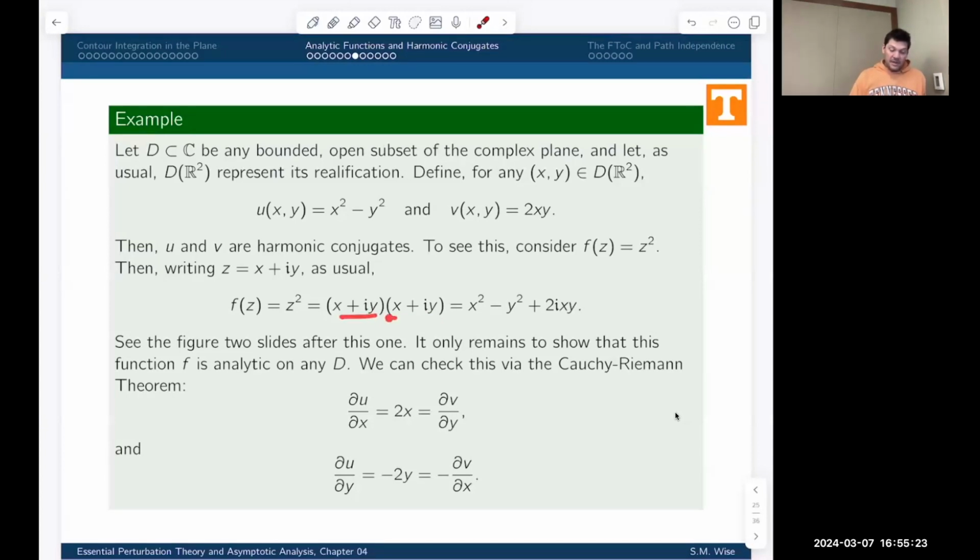You just multiply a number times itself, and then use the rule that whenever I get i squared, I have minus 1. You get an i squared on the y term, so you get x squared minus y squared. That's why this whole thing becomes the real part. And the imaginary part is anything that multiplies the i, so that's going to be 2 times xy, and so there are your real and imaginary parts.